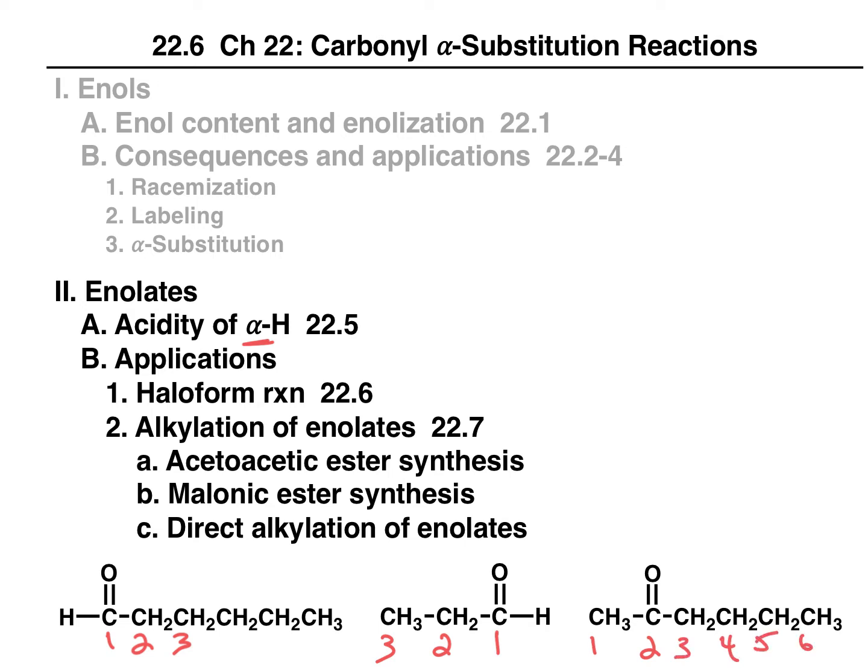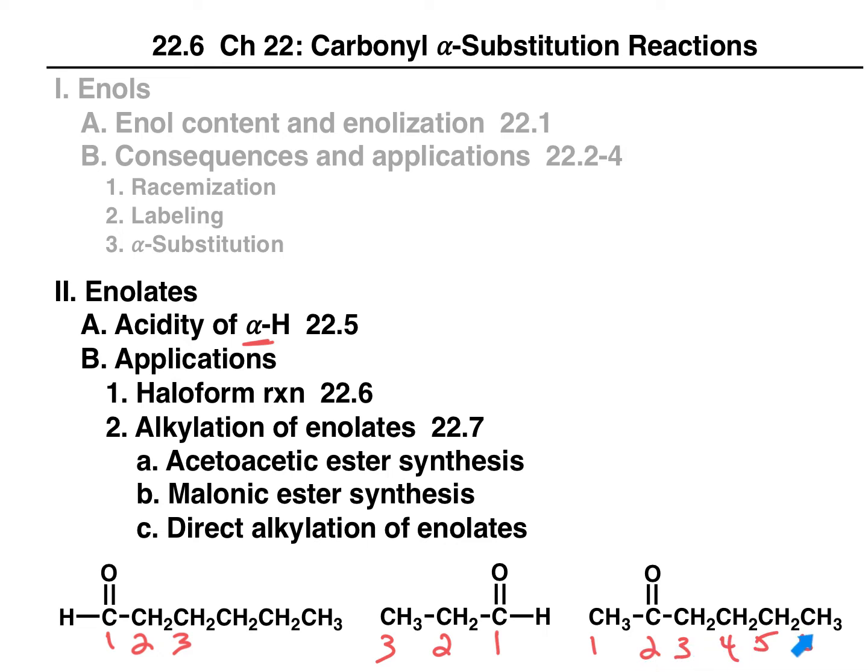If we were to compare these two aldehydes, well, this is the carbonyl carbon, carbon 1, and carbon 2 is adjacent to the carbonyl, and there are special characteristics of this carbon and of this set of hydrogens. So we could always refer to carbon 2. But when we talk about ketones, well, in this case, carbon 2 is not the one adjacent to the carbonyl, but it is the carbonyl.